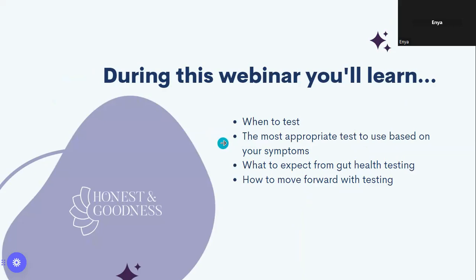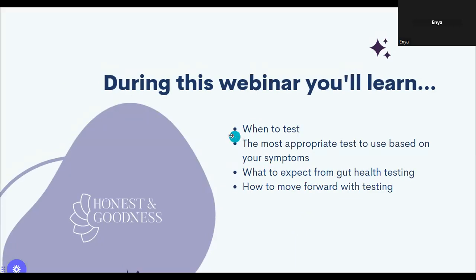During this webinar, you will find out a bit more about when to test, the appropriate tests to use based on your symptoms, and what to expect from gut health testing. And then I'll look at ways to move forward with testing and what happens after the test results come back. So with when to test, if there is something acute or something new, looking at the most appropriate test for you based on your symptoms, and then what to expect with gut health testing, so what kind of results you can expect to see.